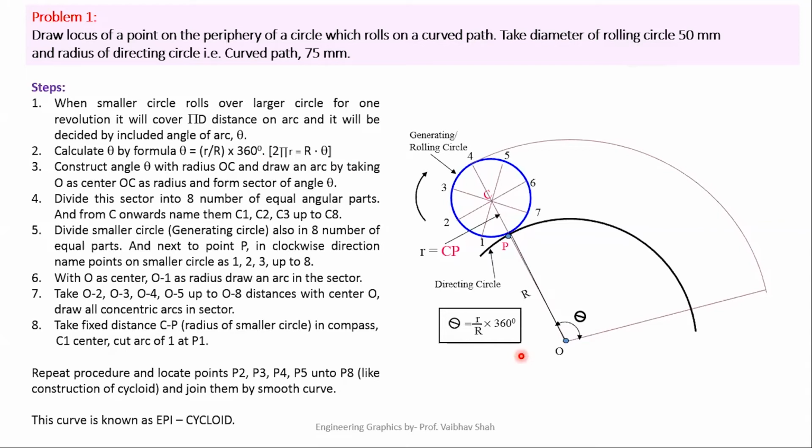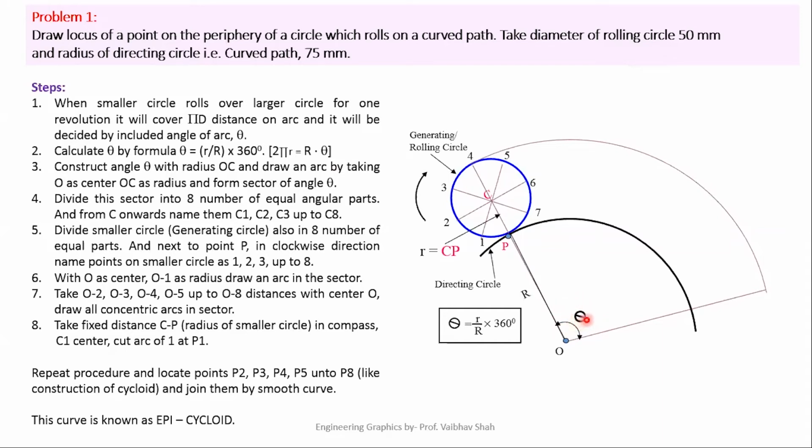The formula is fixed. Now, as we have divided this circular motion into 8 equal parts, we must also divide this motion on the curved path into 8 equal parts. This can be done in two ways. First, you can divide and draw with a protractor.